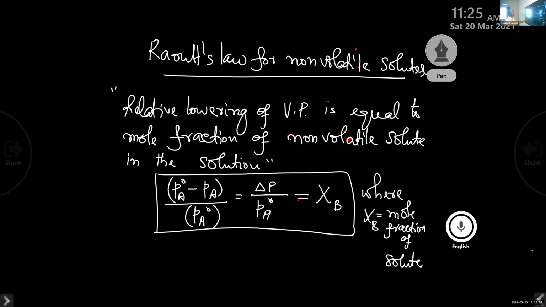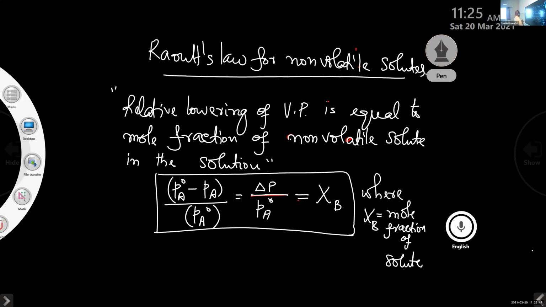From the relative lowering of vapor pressure, we can get an equation for the molecular mass of a non-volatile solute. This relation can be rearranged to get it. So we can think of that relation.